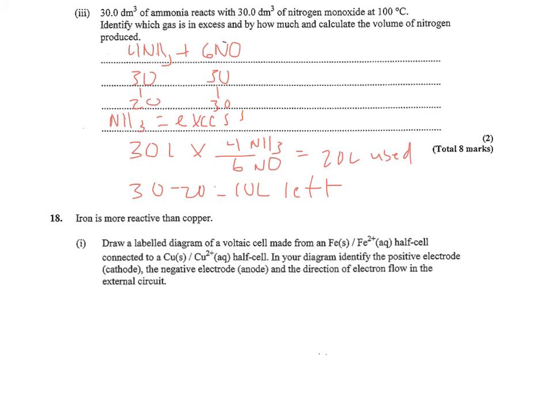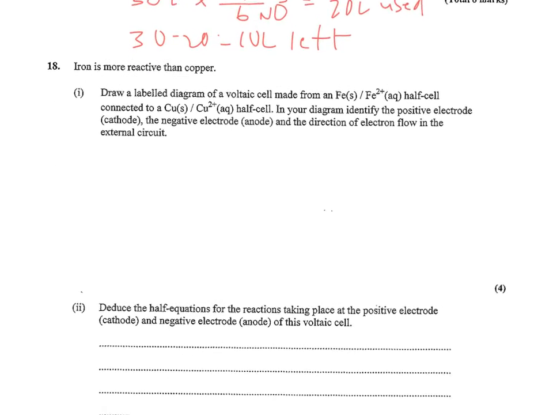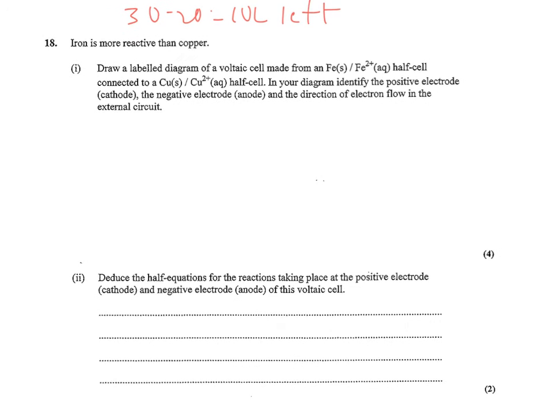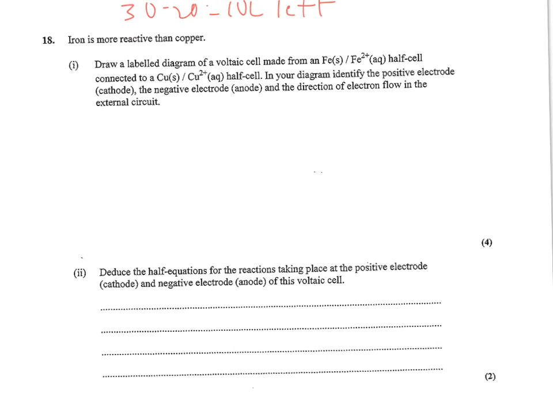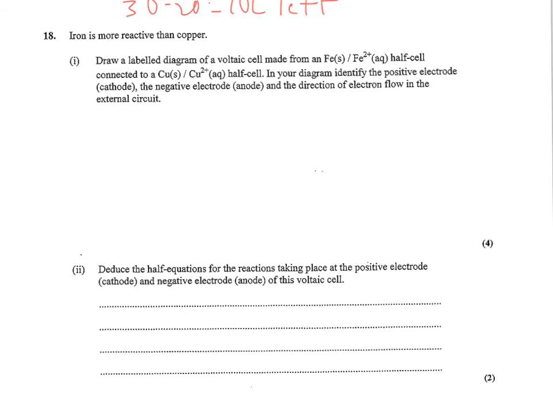Part 1 wants us to draw a labeled diagram of a voltaic cell made from an iron half cell and a copper half cell. In your diagram, identify the positive electrode, the negative electrode, and the direction of electron flow in the external circuit.